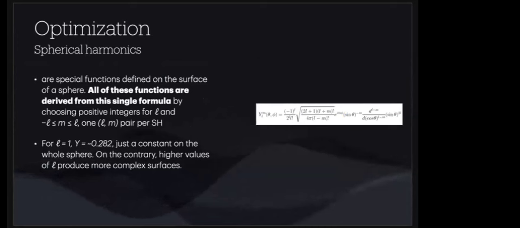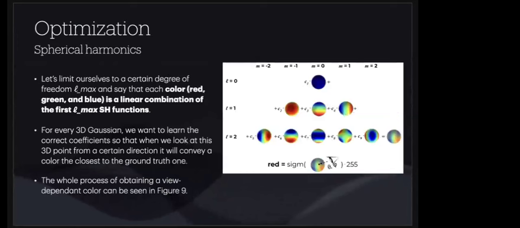On the contrary, for higher values of L, it produces more complex surfaces. I thought it was going to be simple, but apparently it's not, because in order to optimize this particular part, you have to make sure all the parameters are correctly initialized.